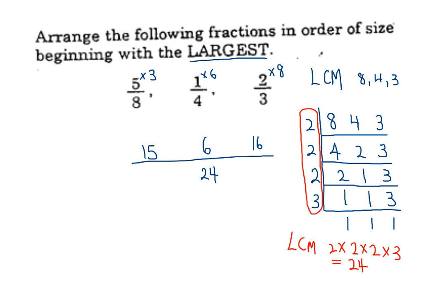So now that I have all 3 fractions as equivalent fractions out of 24, it's going to be easier for me to make a comparison among my 3 fractions so that I'll be able to figure out which one is the largest and which is the smallest. To identify the fraction that is the largest, we're going to look for the fraction that has the largest numerator.